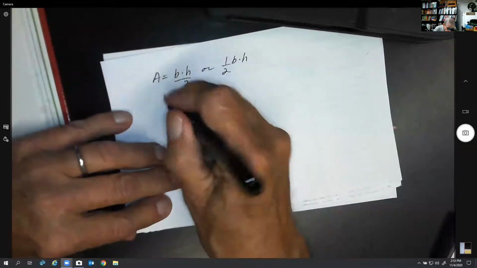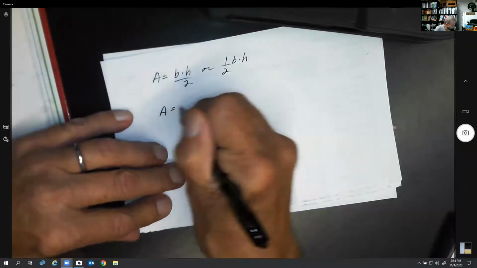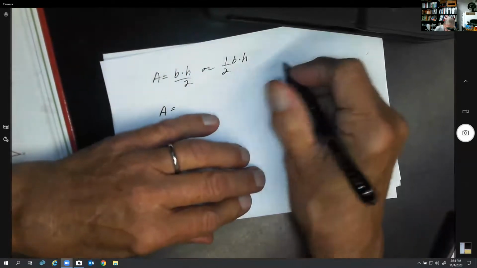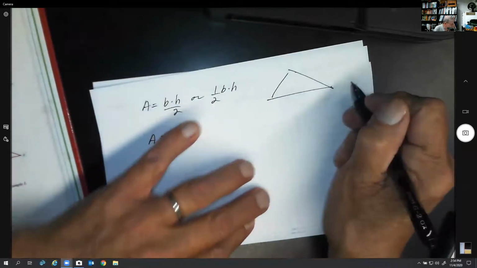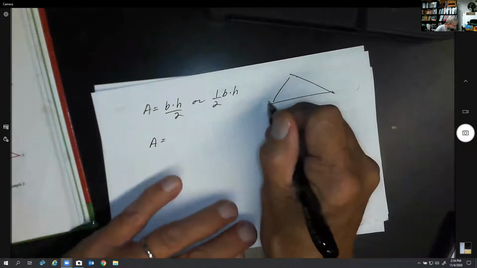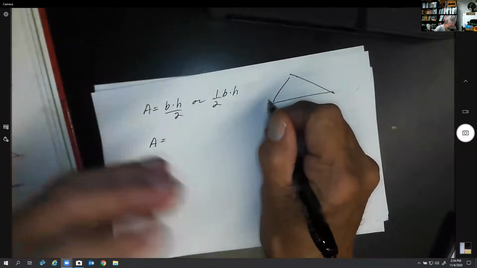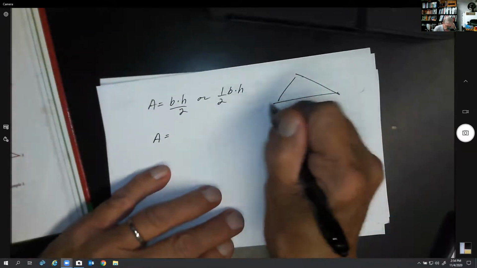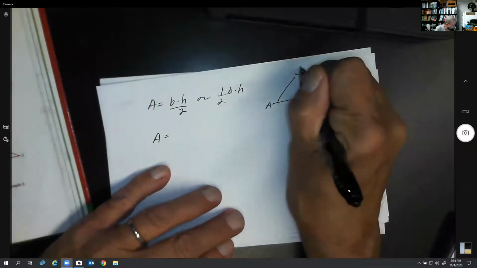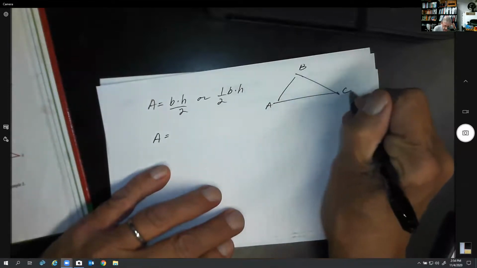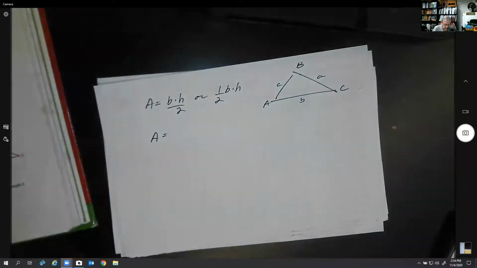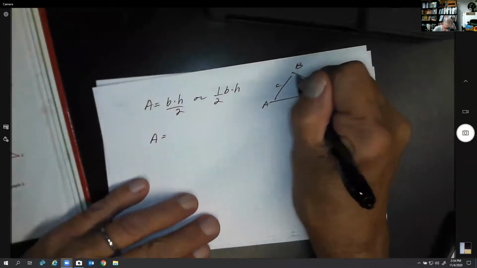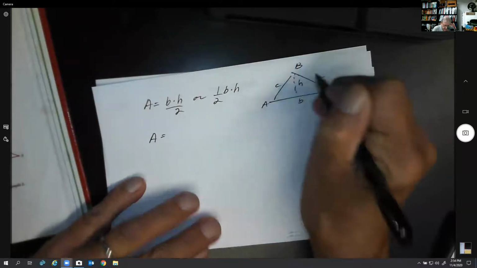On the next page in your book, you can find the area by using, if we have a triangle like this, and here's your base. This is angle A, this is angle B, this is angle C, side B, side A, side C. Of course this distance right here would be the height.